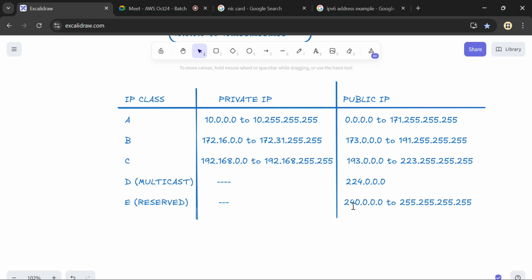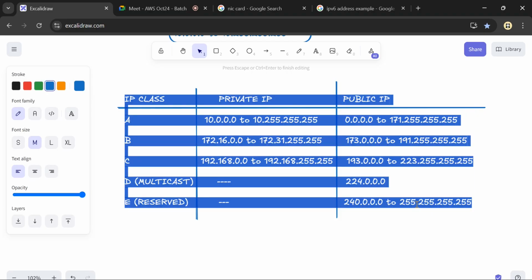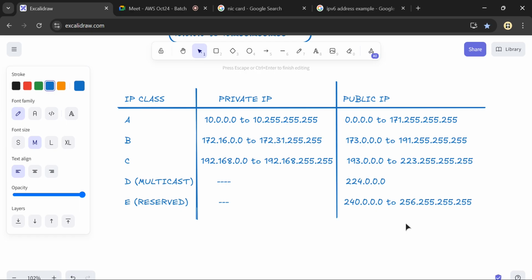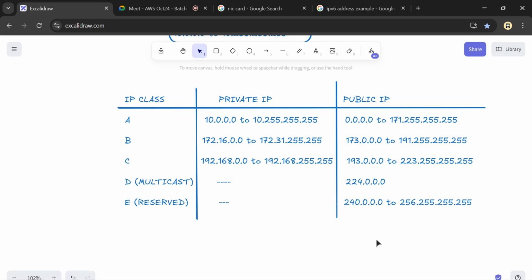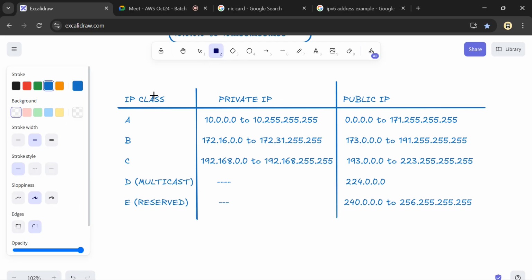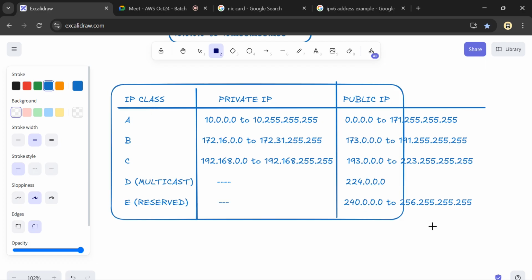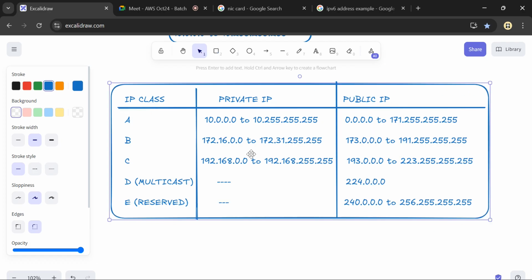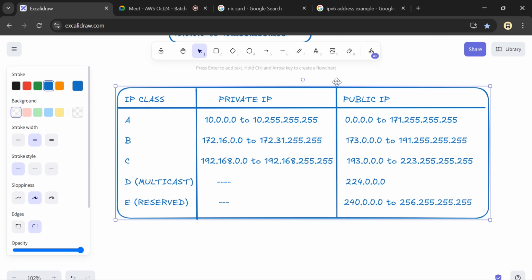That is the last IP that we have, and that will come under the reserved class. So that reserved class is reserved for the special agencies, and multicast will be used for other communications.